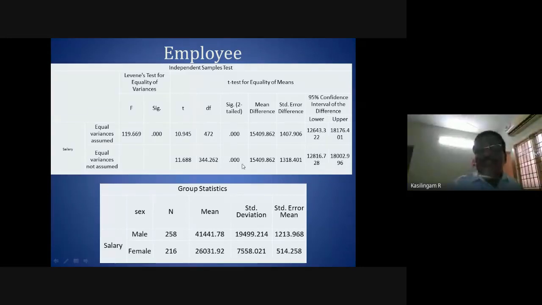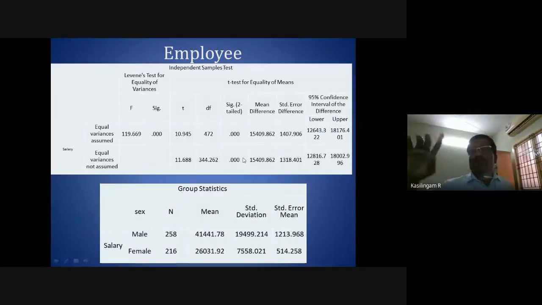When the significance value is less than 0.05, we have rejected the null hypothesis, which means no difference is rejected, which means there is a difference.